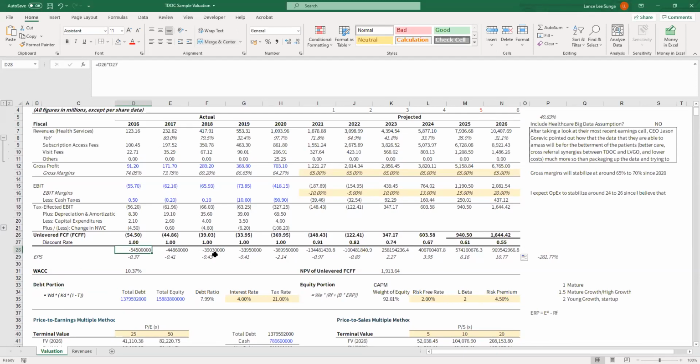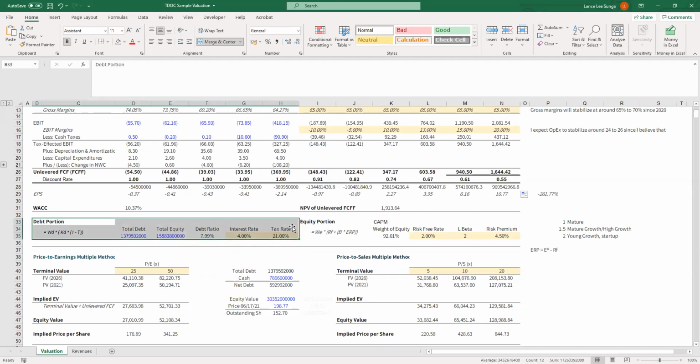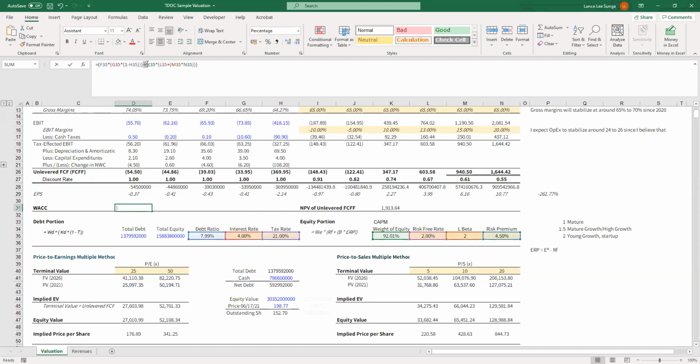It's not only the future? Oh yeah, it's 2021 to 2026 only for the future cash flows. So you only add the future, if you're projecting. For the WACC, do you just add the debt portion and the equity portion? Yes, you add them.